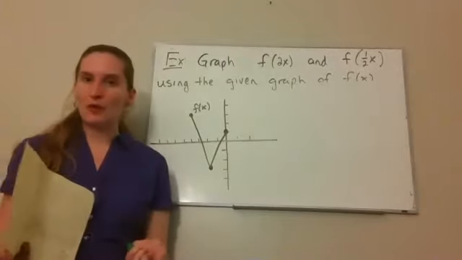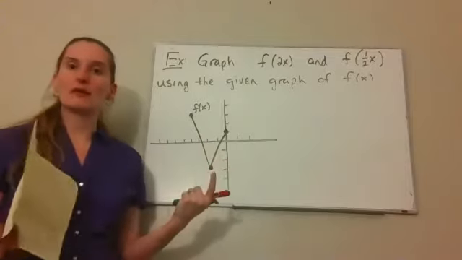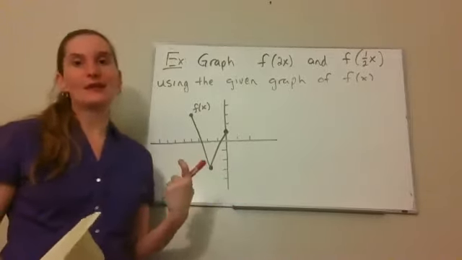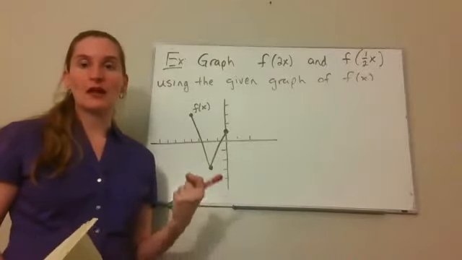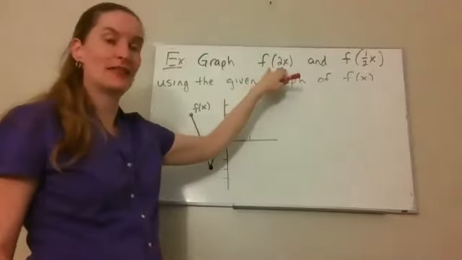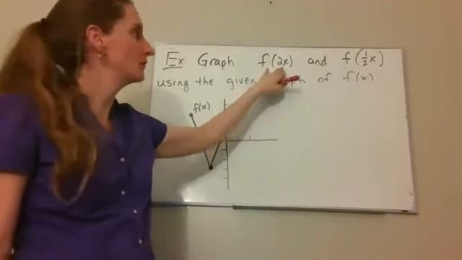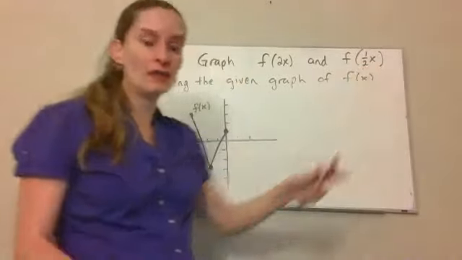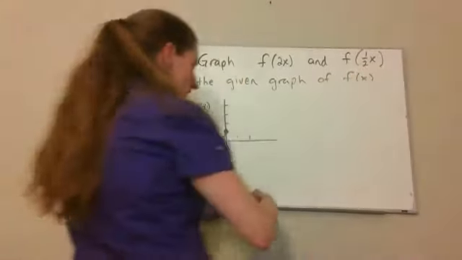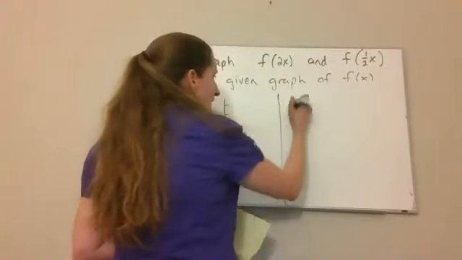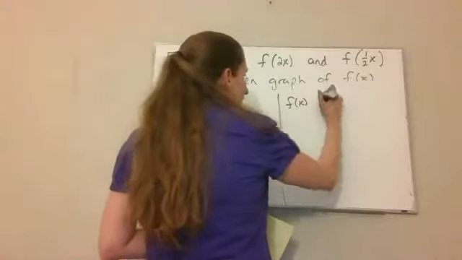So remember, when we were talking before about the horizontal stretches and shrinks, we said that all we have to do is divide the x coordinate by a. So for f of 2x, we divide the x coordinate by 2. For f of 1/2 x, we're going to divide the x coordinate by 1/2. So let me make a quick little table of points just to help us out a little bit. Here's f of x.